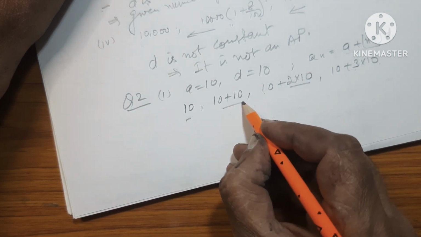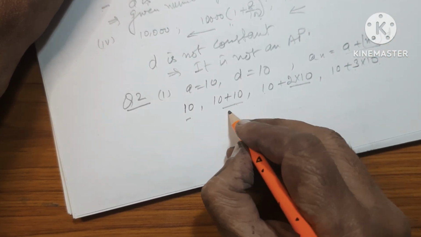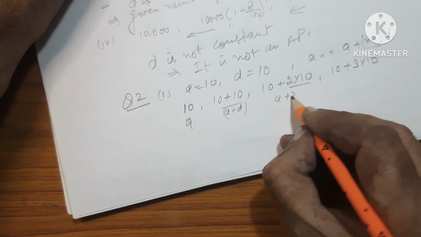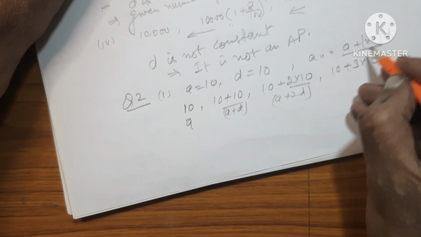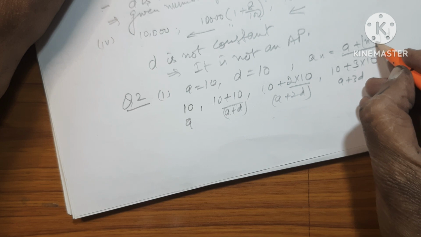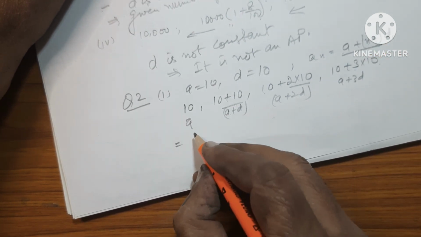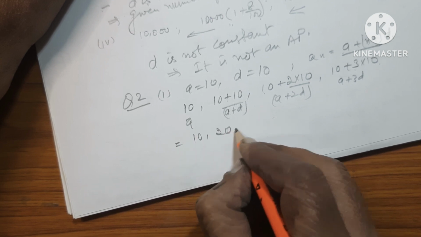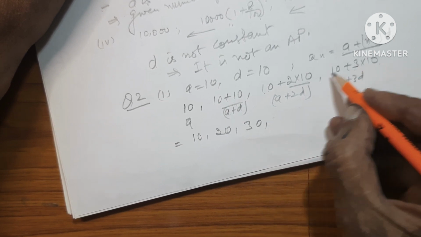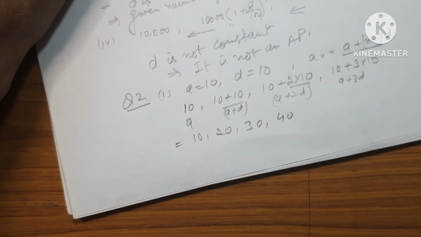For the second term, n becomes 2 minus 1, so it becomes A plus D. This is A, this is A plus 2D from this formula, and A plus 3D, the fourth term, 4 minus 1 becomes 3D. So this is how you can write the sequence: 10, 20, 20 plus 10 is 30, 30 plus 10 is 40. So these are the 4 terms.